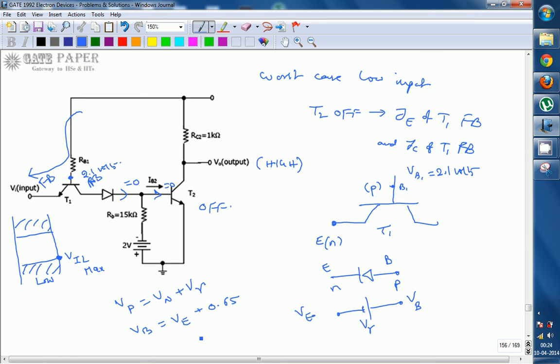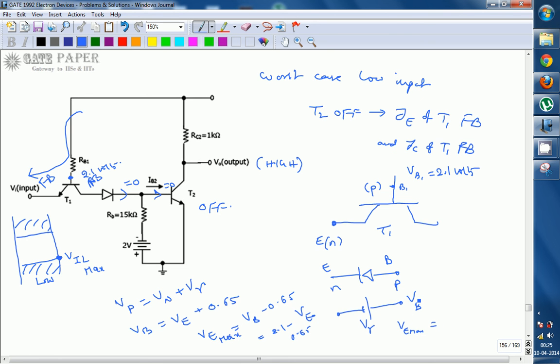So VE maximum is equal to VB minus 0.65. VB is 2.1, so VE maximum is 2.1 minus 0.65.